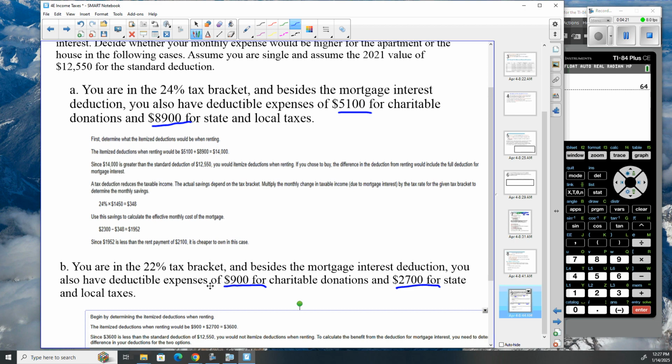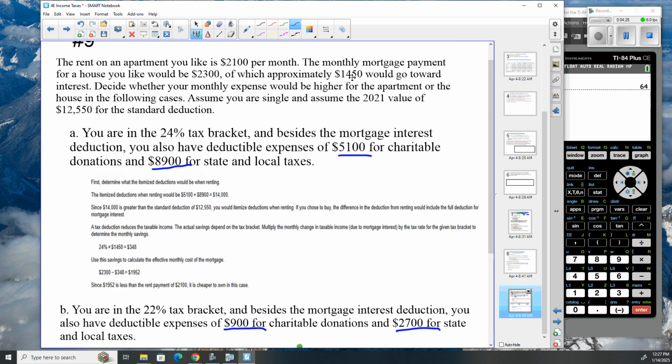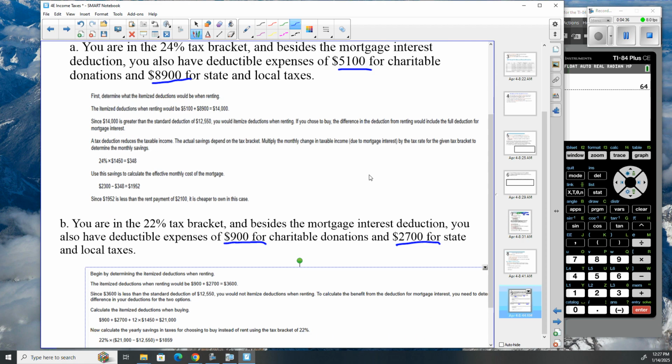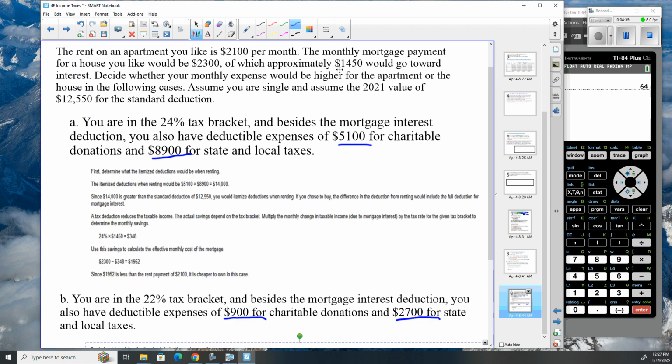Now, if you bought, you might choose to itemize because the interest you're paying might bring you higher than the standard deduction. So we're going to take that $1,450 and times it by 12 because you're paying that amount each month.